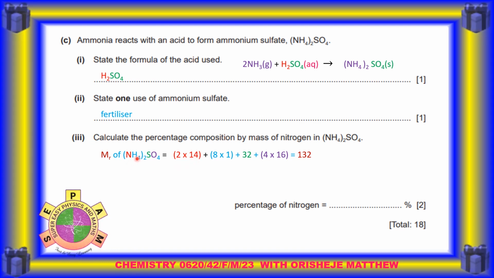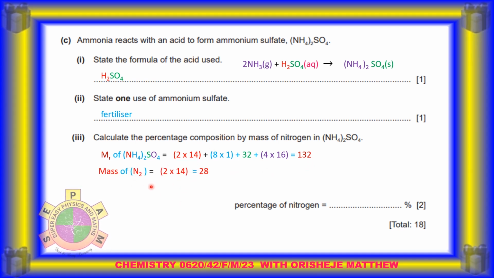How many atoms of hydrogen? 8. So 8 times 1, molar mass of hydrogen is 1. Then sulfur is 1, that is 32, molar mass. Oxygen, 4 atoms. So 4 times 16, that will give you 64. Add everything, it is 132. Now, what is the mass of nitrogen?